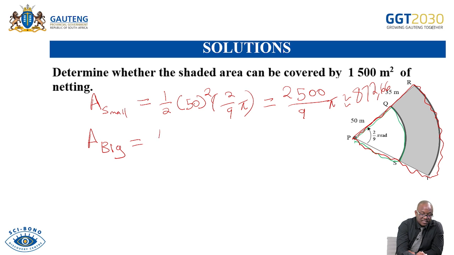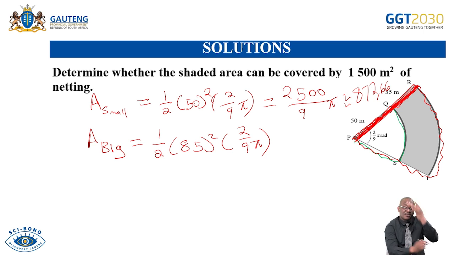Then we calculate the area of the bigger sector. It is 1 over 2 times, now we're going to add the length from P to R. 50 plus 35 is 85. So the radius of the bigger sector is 85 squared, but the angle stays the same.